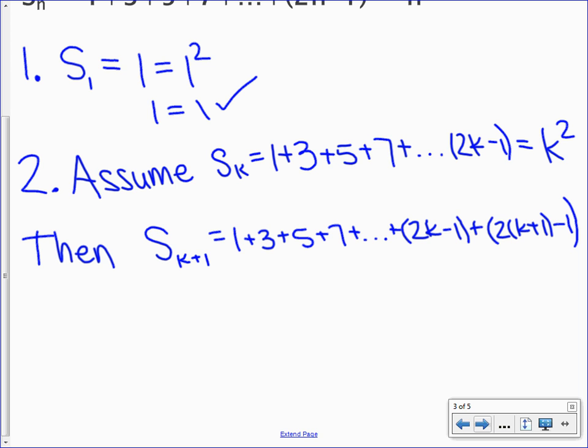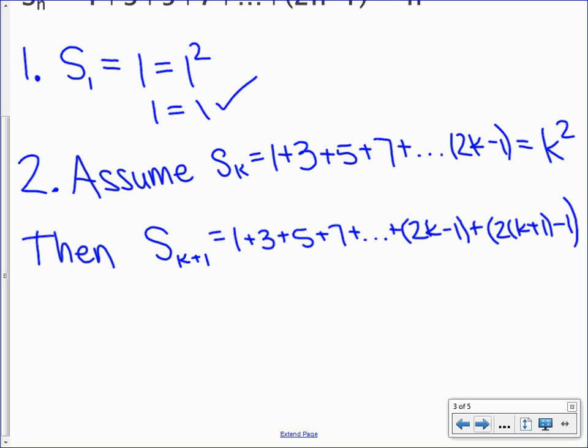If I'm taking the sum of the first 5 terms, I can get a value, right? If I'm finding the sum of the first 6 terms, I would take the sum of the first 5 and add the 6th one.